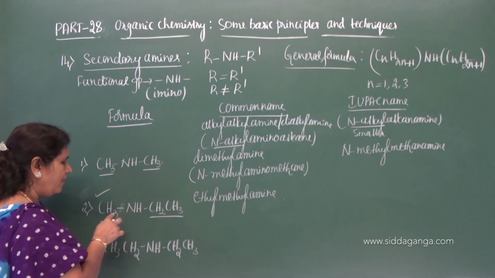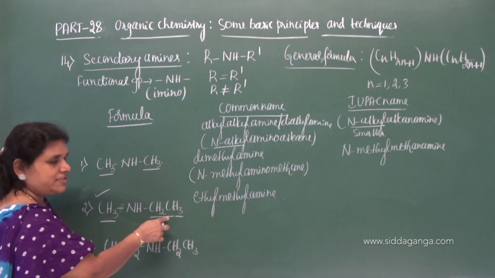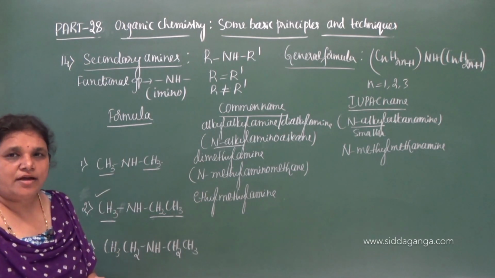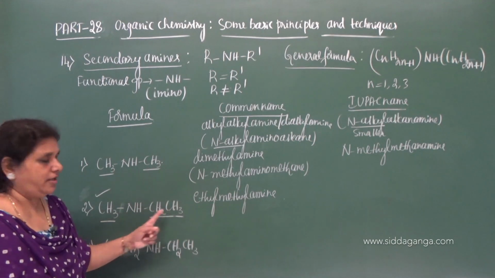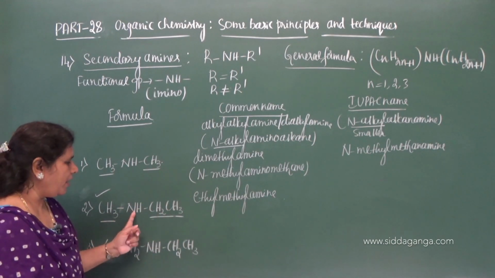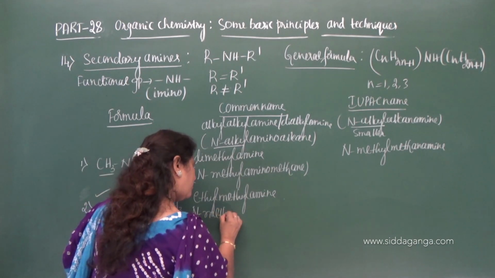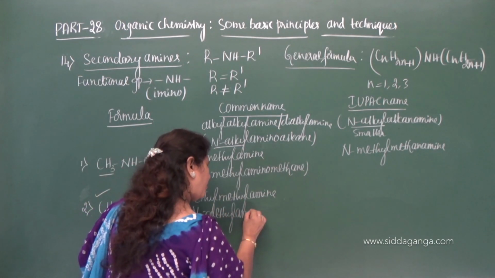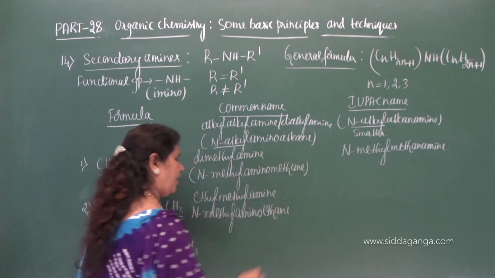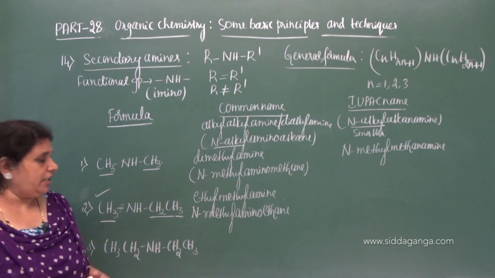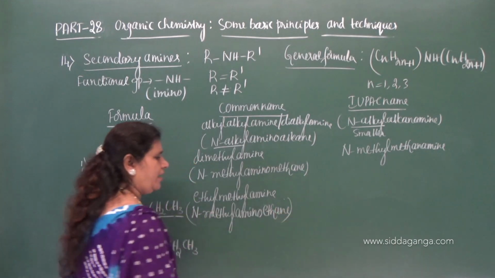Therefore, N-methyl aminoethane. Two carbon atoms are there. What is the name of the alkane? Ethane. Aminoalkane, aminoethane. N-methyl aminoethane is one more common name for ethyl methyl amine.